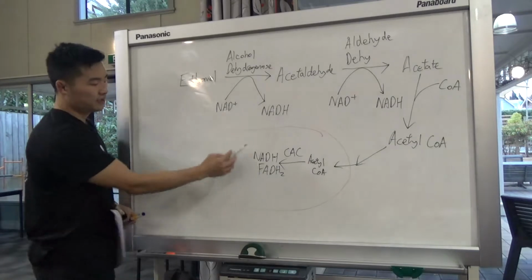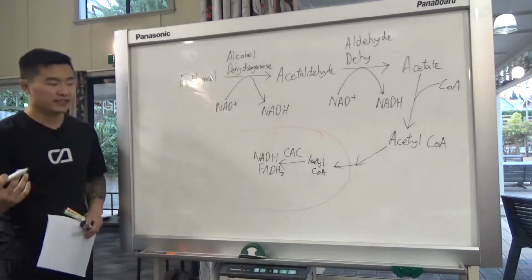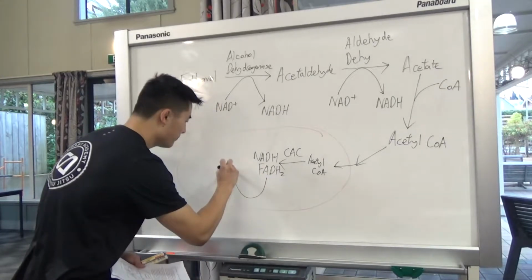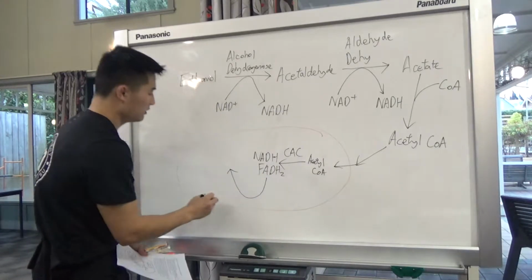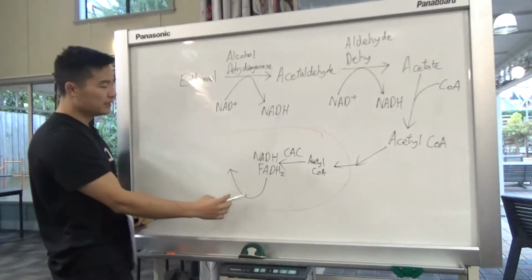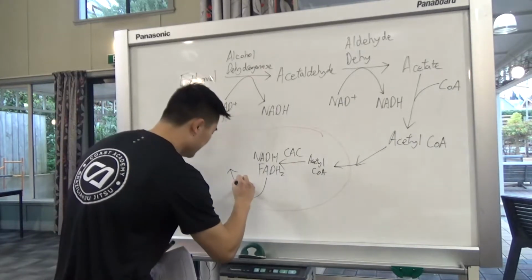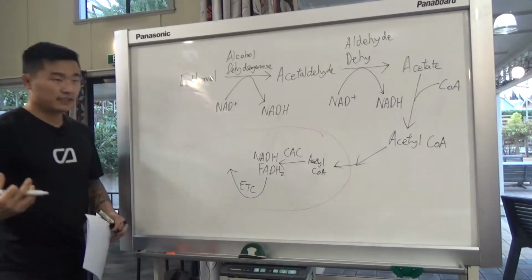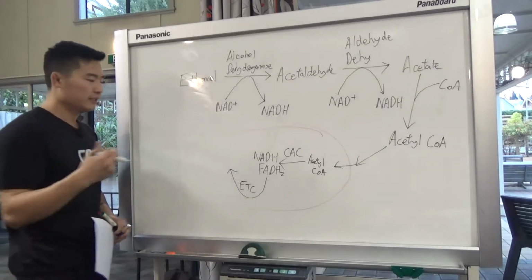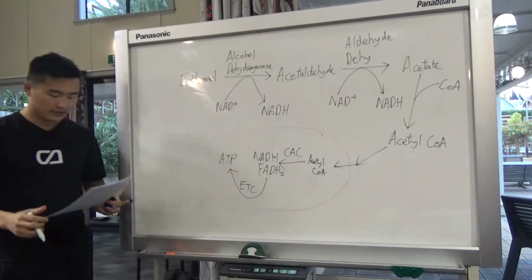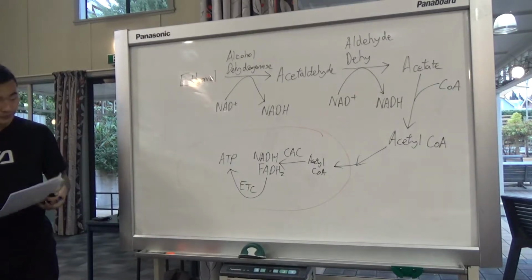And then these electron carriers are going to drop off their high energy electrons at the electron transport chain, which is on the inner mitochondrial membrane. That generates the proton motive force, which results in the production of ATP, right?